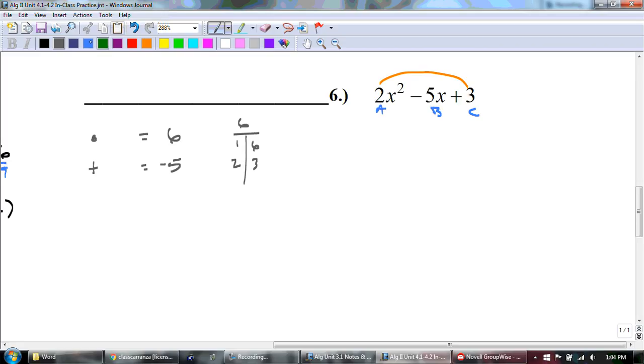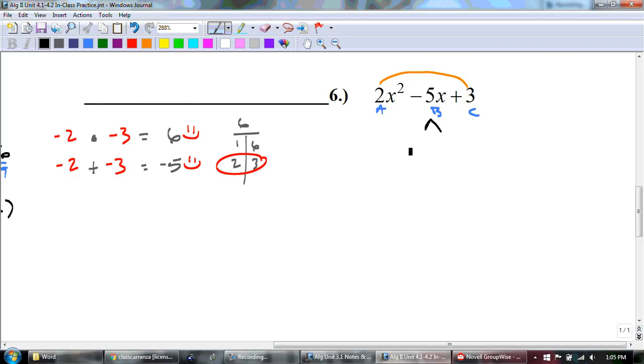If you're thinking 1 and 6 right away, because 1 plus negative 6 gives you negative 5, just remember it has to work for both cases, and it doesn't. So we have to switch the numbers. It's not 1 and 6, check 2 and 3. Negative 2 plus negative 3 equals negative 5, and negative 2 times negative 3 equals 6.